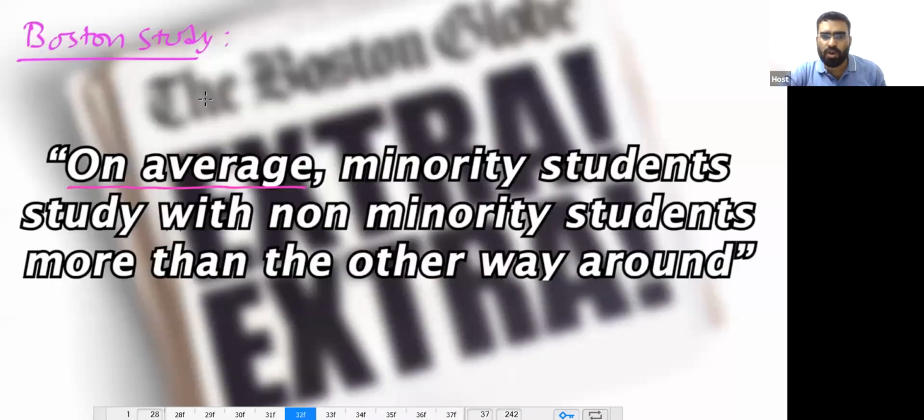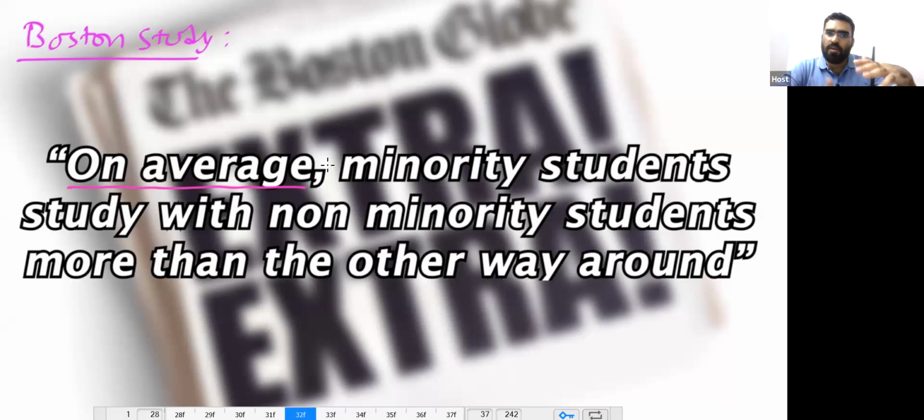So this is the study of Boston. If you forward this message in a WhatsApp group in India, saying that minority people are more friendly, that does not give you the actual picture.